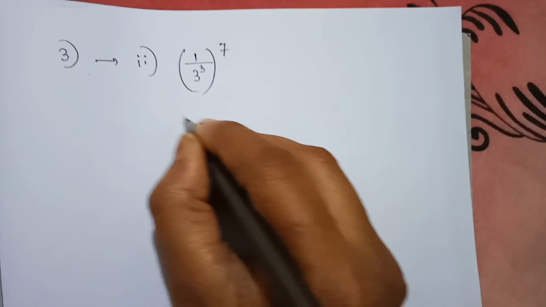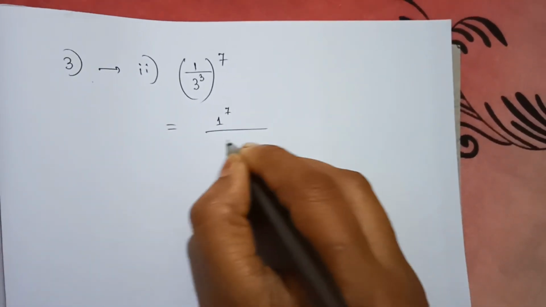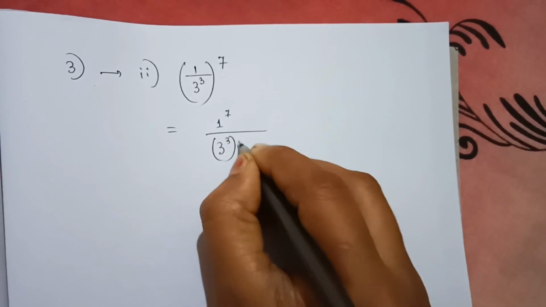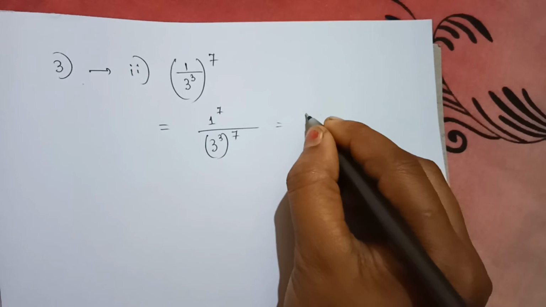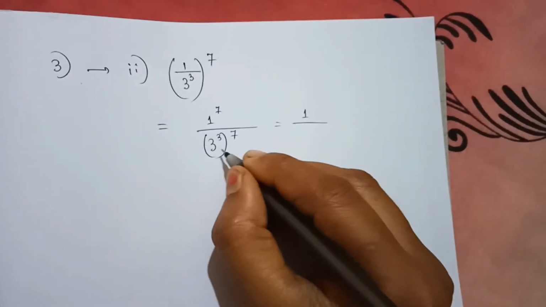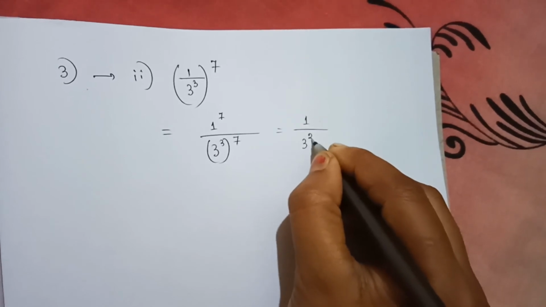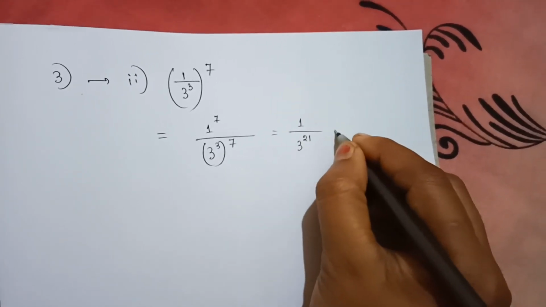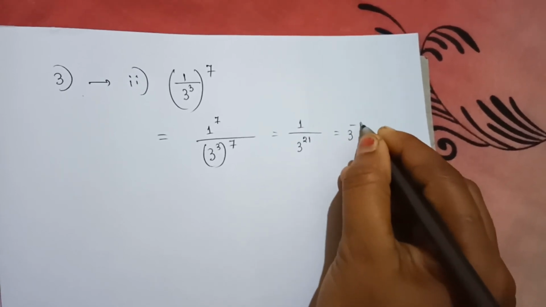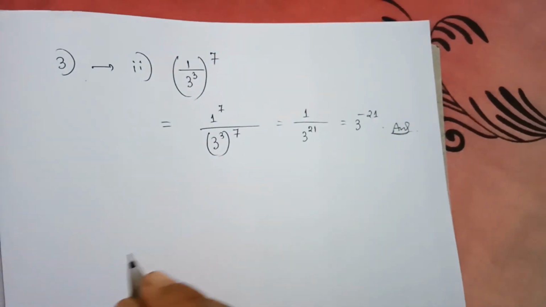So it can be done like 1 to the power 7 divided by 3 to the power 3, to the power 7. 1 to the power 7 is 1 itself. 3 to the power 3 to the power 7 means 3 to the power 21. So 1 by 3 to the power 21 means 3 to the power minus 21. So this is the answer.